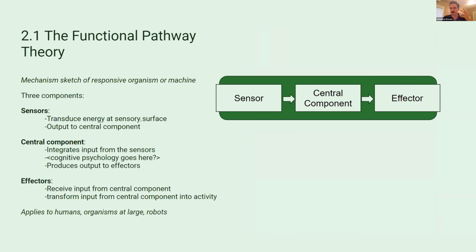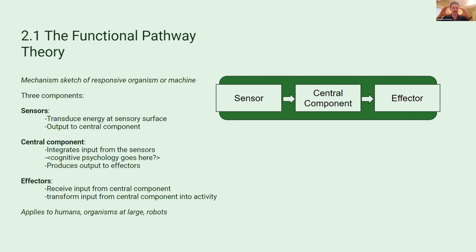Sensors are transducers. They transform energy at a sensory surface of the organism, and then they output to the central component. Let's talk about the effectors next. The effectors transform input from the central component into activity or behavior. And what can we say about the central component?